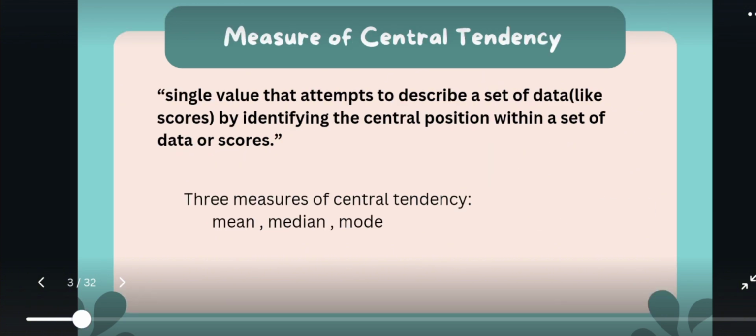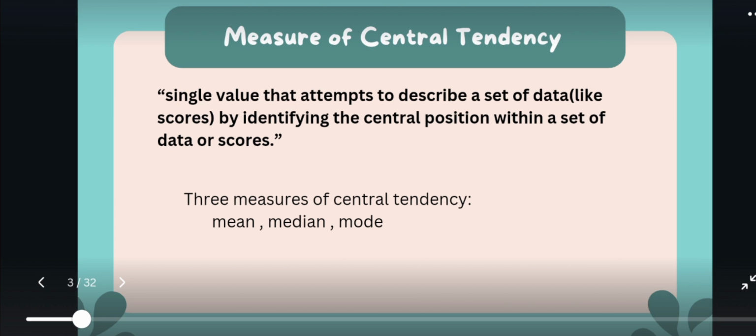But first, we have to identify what is really the measure of central tendency. This is a single value that attempts to describe a set of data or scores by identifying the central position within a set of data or scores.